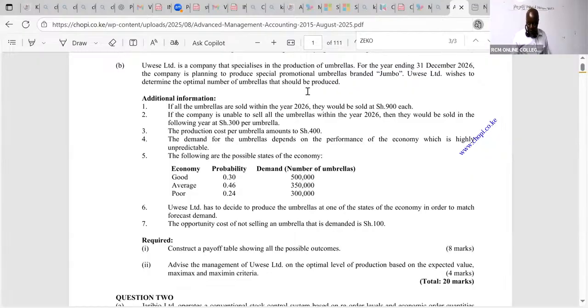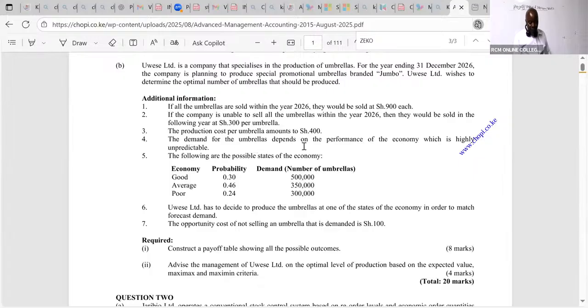Additional information: if all the umbrellas are sold within the year, when you are very lucky, then they would be sold at a very high price of 900. If the company is unable to sell all the umbrellas within the year 2026, then they would be sold in the following year at a very low price of 300. The production cost per umbrella is 400.